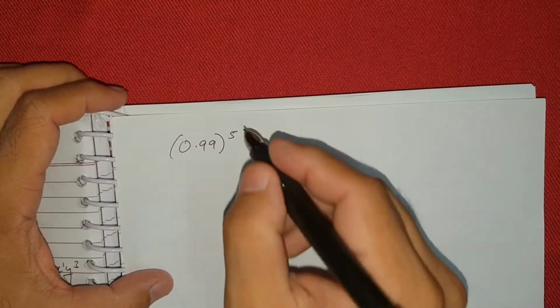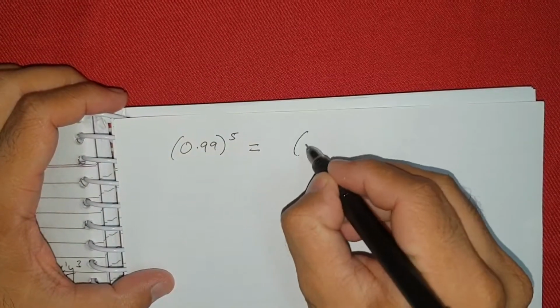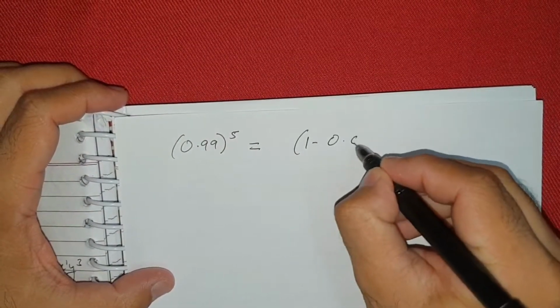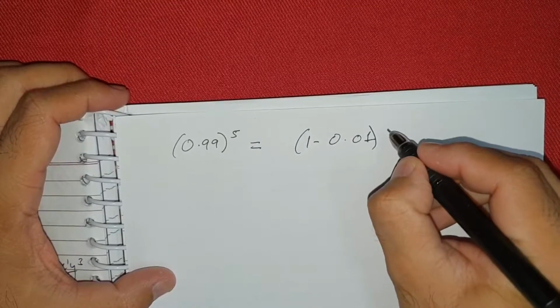0.99 can be written as (1 minus 0.01) to the power of 5.